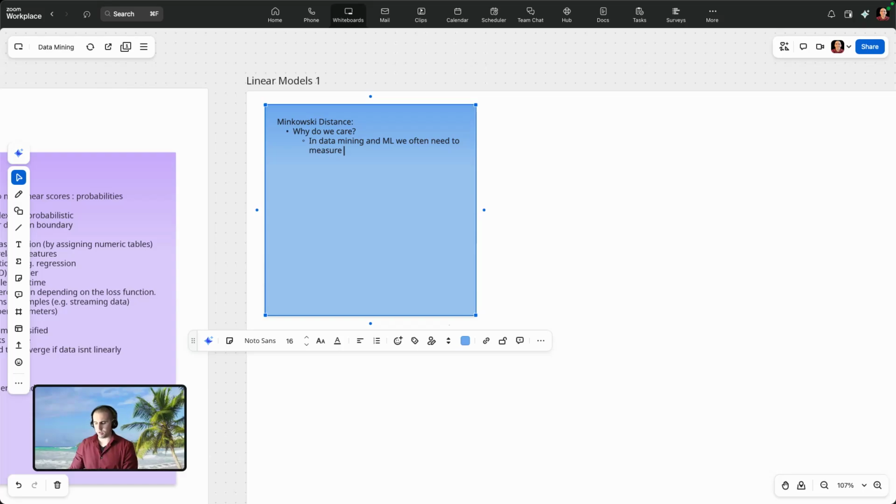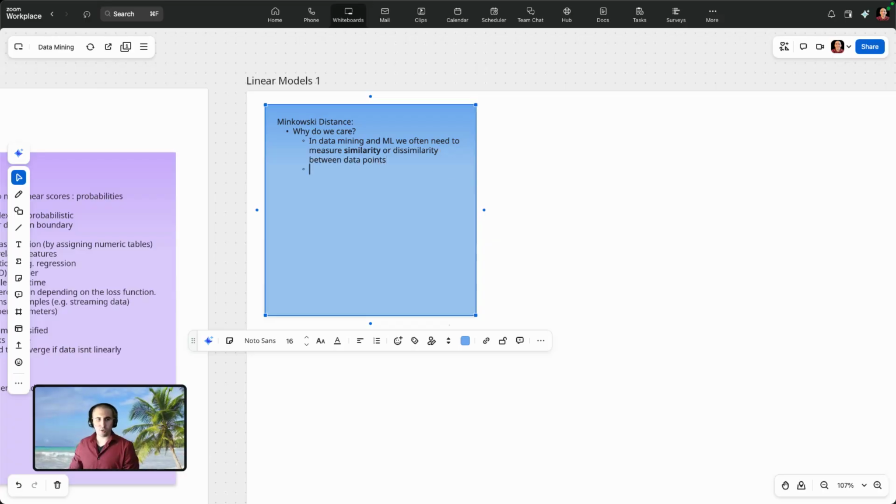Well, they're kind of the same: similarity and/or dissimilarity between data points.